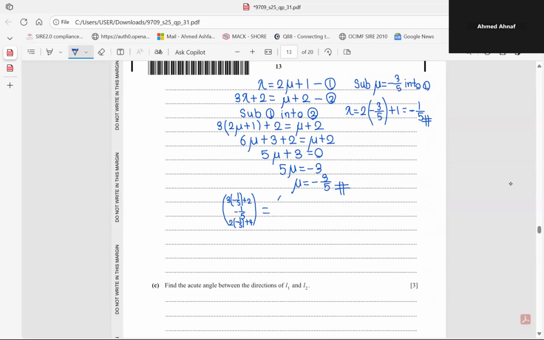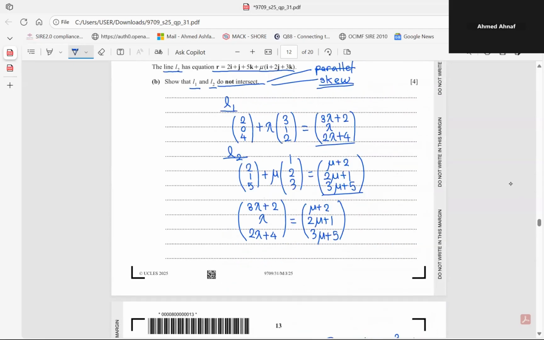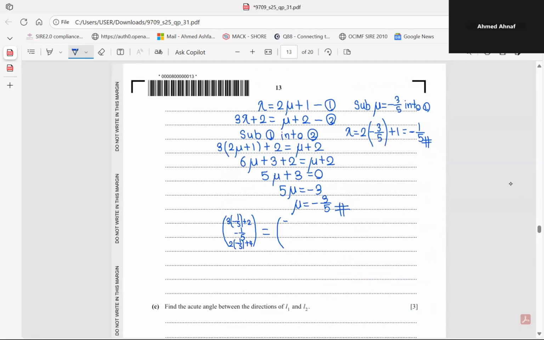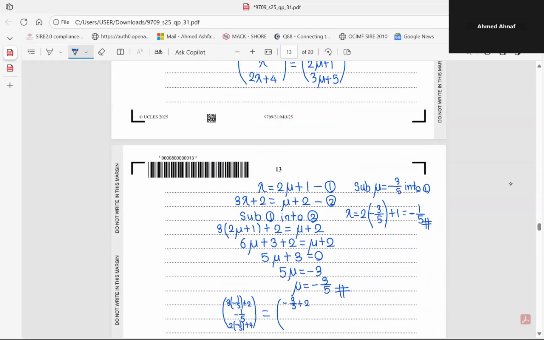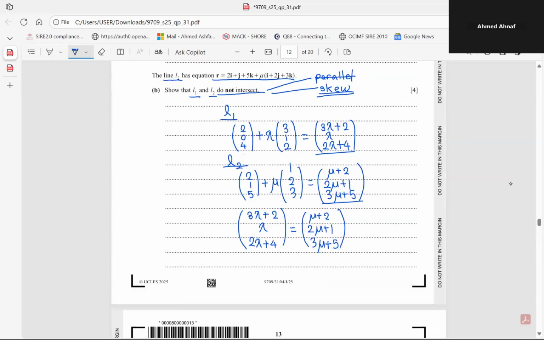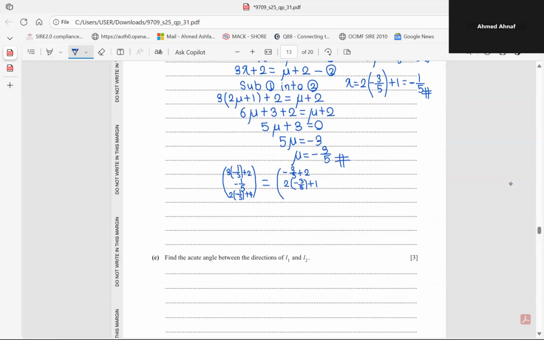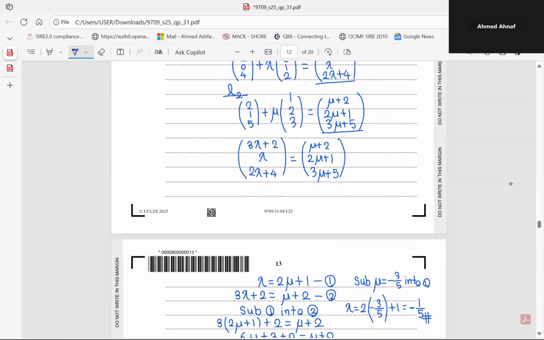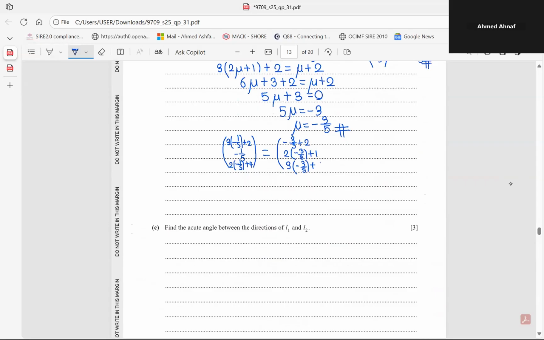For L2, mu plus 2 is minus 3 over 5 plus 2, 2 mu plus 1 is 2 times minus 3 over 5 plus 1, and 3 mu plus 5 is 3 times minus 3 over 5 plus 5.